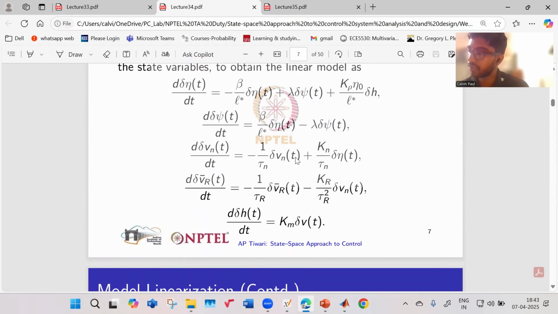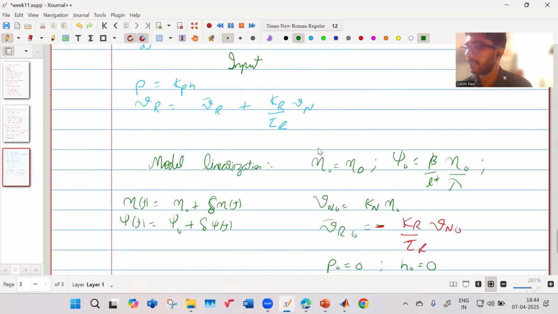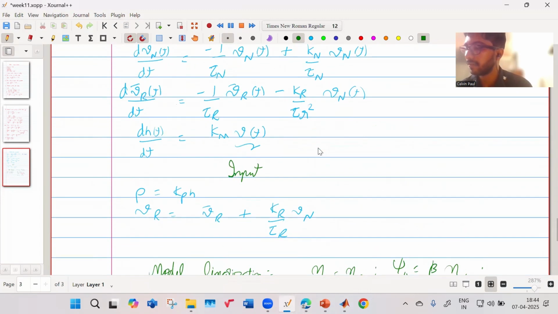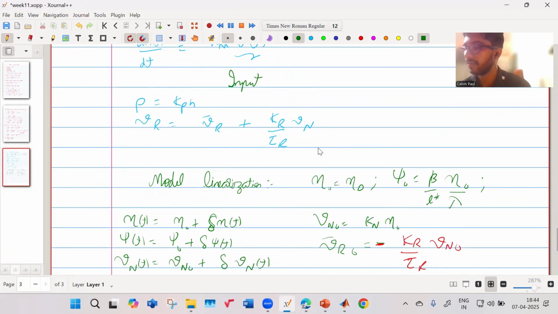What we will do is we will consider phi of t is equal to phi naught plus delta phi of t. Then n of t equal to n naught plus delta n of t.